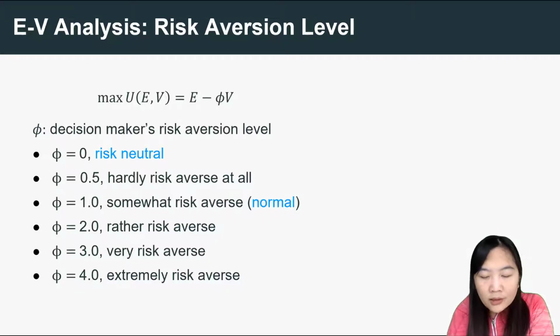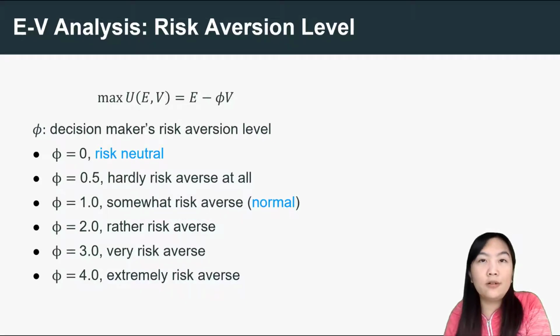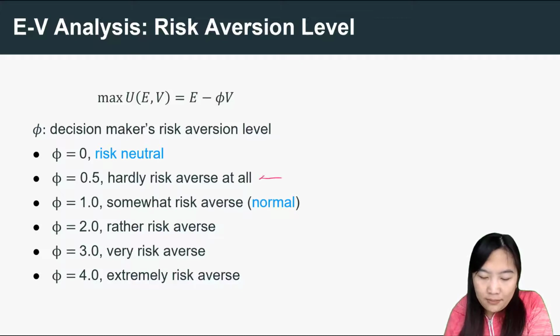And there are several other levels here, and usually if phi is equal to 1, then we say the person is somewhat risk averse, having a normal level of risk aversion. And in between, 0.5, it's hardly risk averse at all.